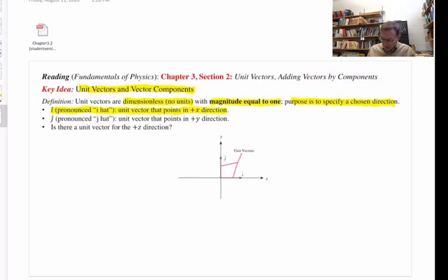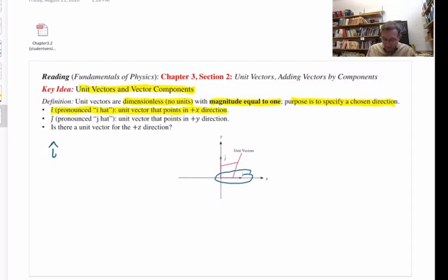I'll draw the symbol larger over here: the lowercase i, without a dot on top, instead a caret, called a hat. That's the unit vector symbol, i hat. What is its job? I've drawn it in the picture down here in the xy coordinate system. It has one job only, to point in the plus x direction of your coordinate system. It's like a little signpost that points in the plus x direction.